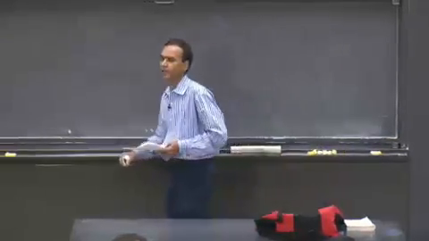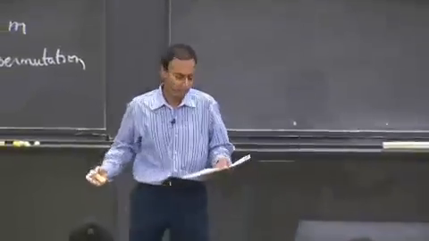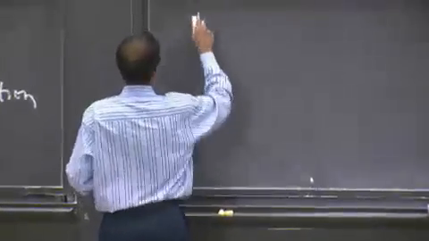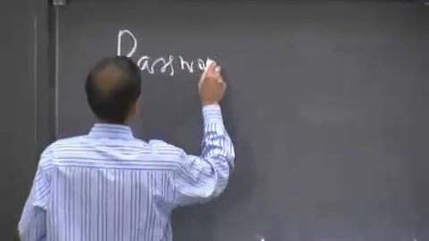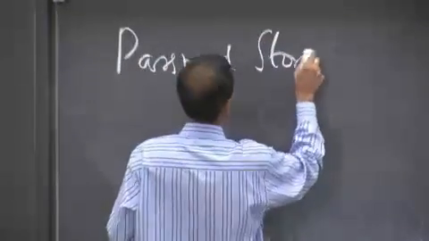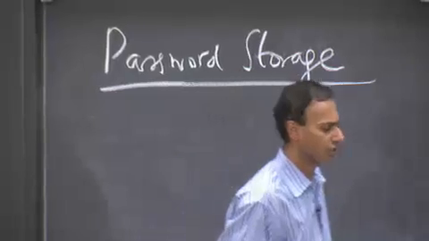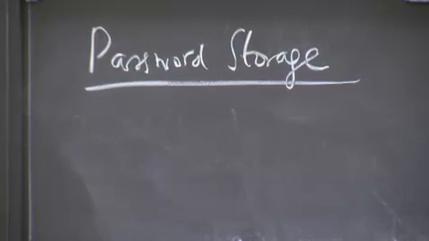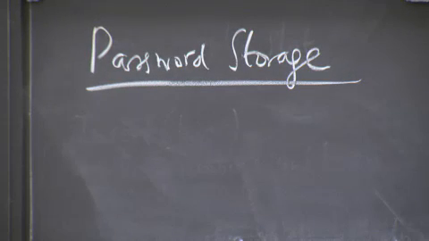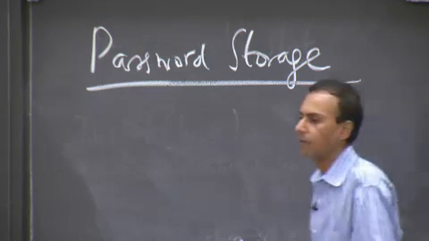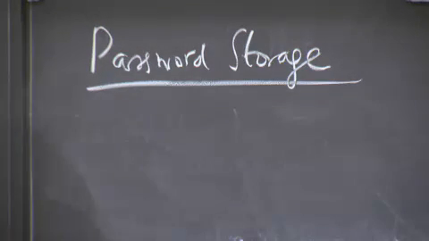So maybe the best way of motivating this is through an example. Let's talk about an example that is near and dear to every security person's heart, and probably to people who aren't interested in security as well, which is password storage. Think about how, let's say, Unix systems work when you type in your password. You're typing in your password into Athena, and this is true for other systems as well.